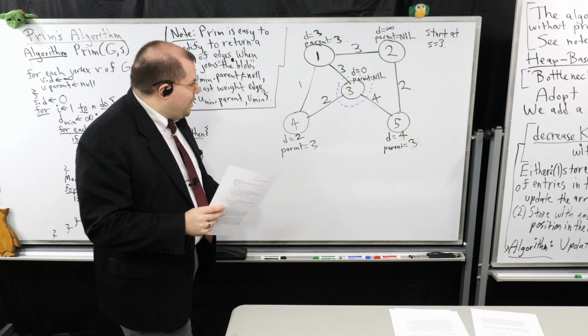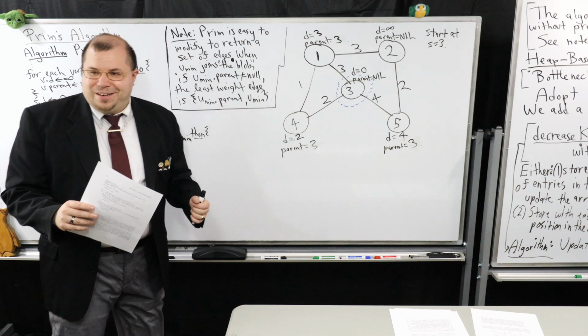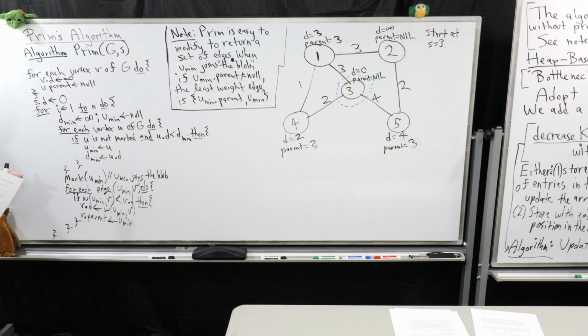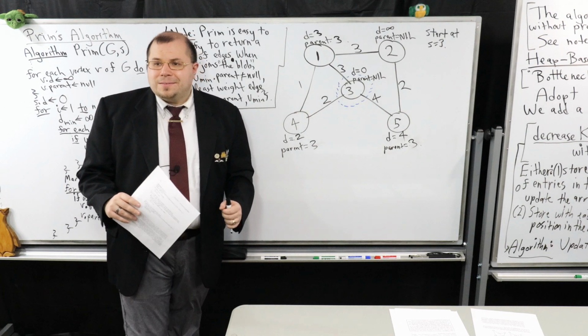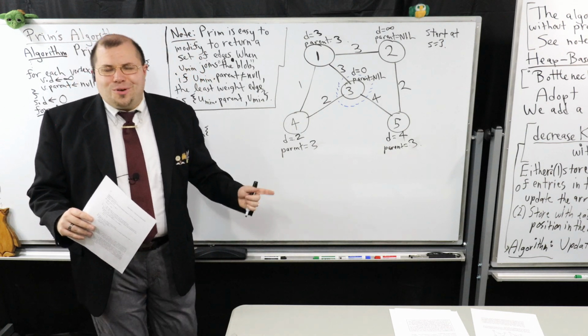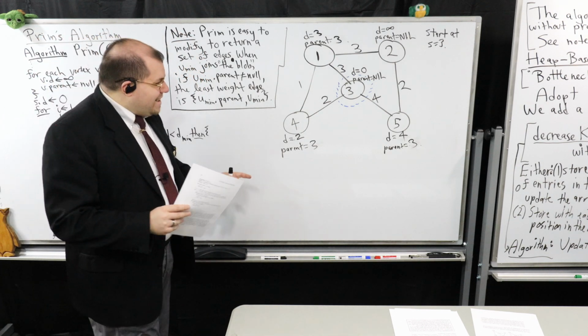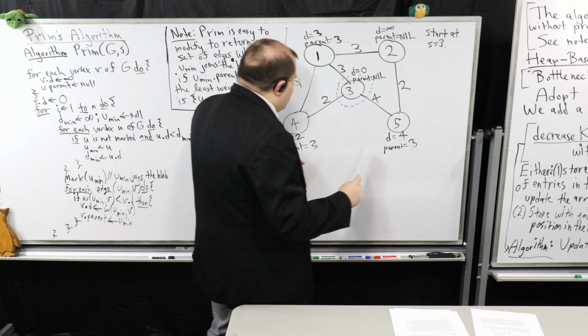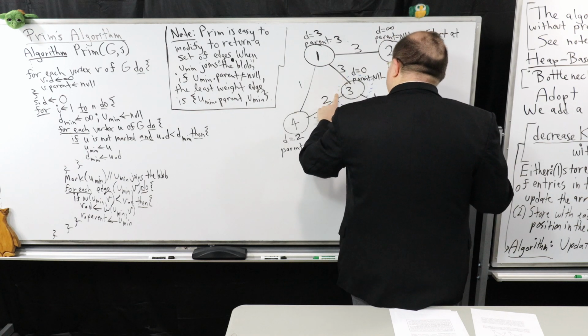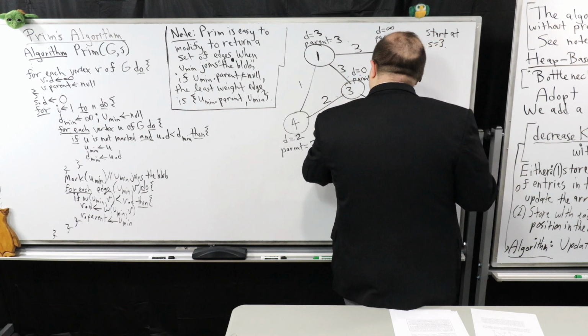Which one should the blob go towards if we're following Prim's here? Remember, the next iteration, it will select the vertex with the smallest D value, right? But which one is that? Which one is it? Yeah, it's vertex 4, right? So we know right away that that's what the blob is going to devour.